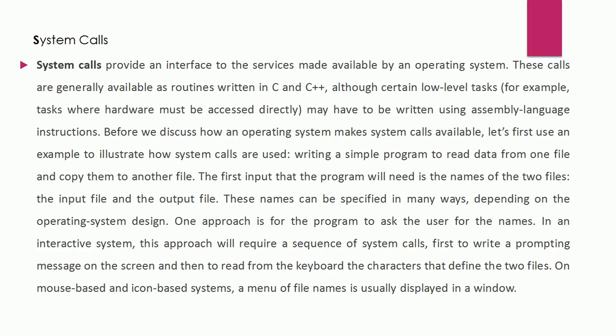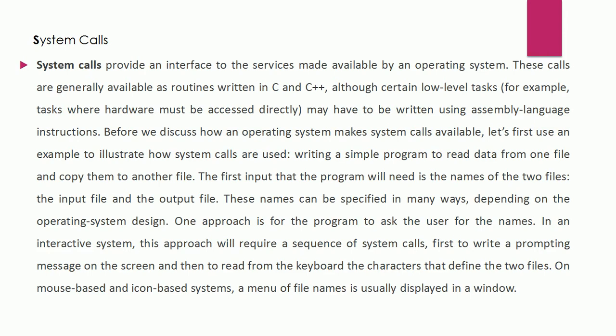These names can be specified in different ways depending on the operating system design. One method is for the program to ask the user for the names in an interactive system. This approach will require a sequence of system calls.